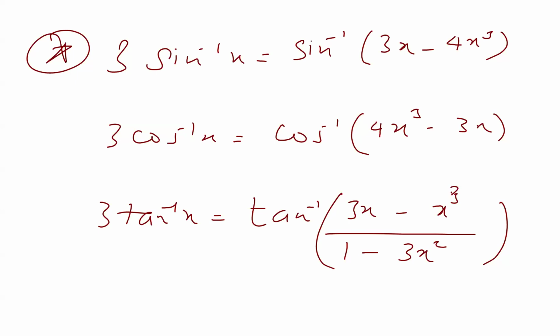Now this might seem to be a triple angle formula, and the format is somewhat the same, but it's not really triple angle. It's an ITF formula for 3 sine inverse, 3 cos inverse, 3 tan inverse. Okay.